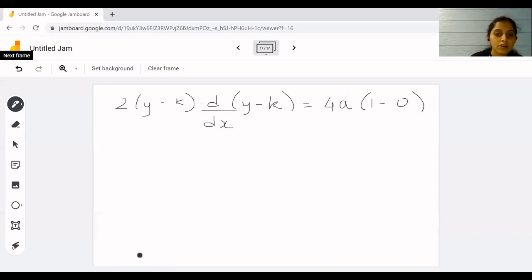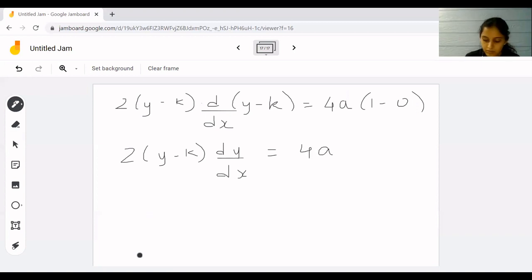So this becomes 2(y minus k) dy by dx equal to 4a, that is, (y minus k) dy by dx is equal to 2a.